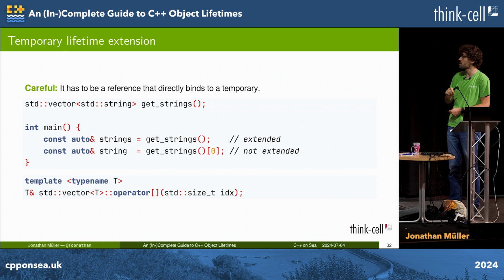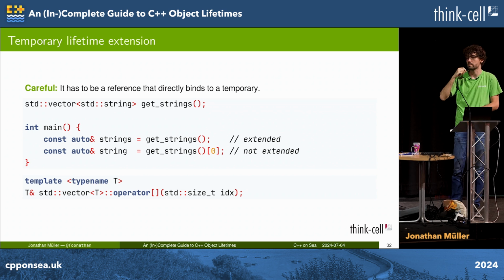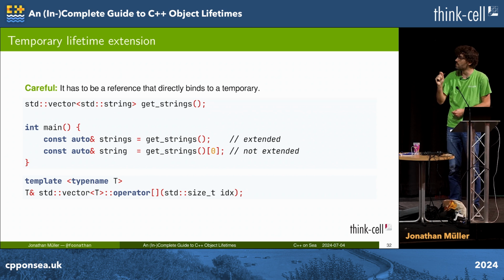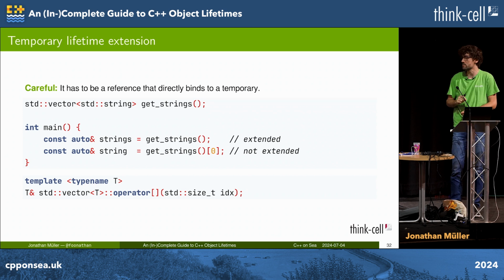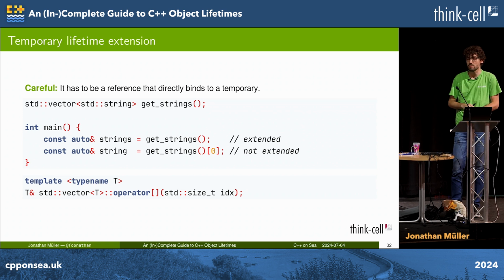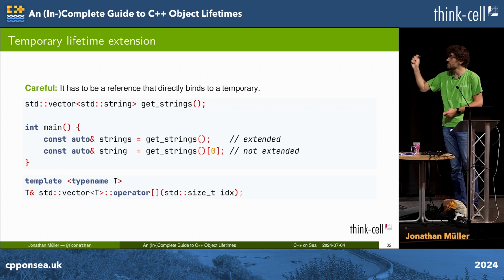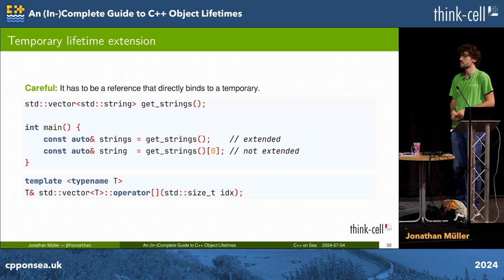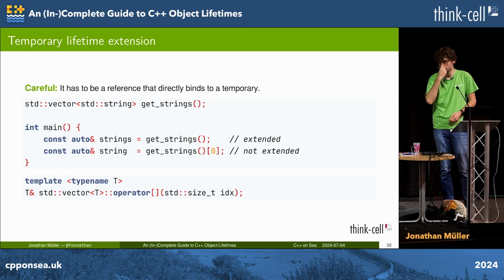So we don't trigger temporary lifetime extension, and we just immediately have a dangling reference as soon as we reach the end of the line. Right? Only if you directly bind a reference to a PR value do we get temporary lifetime extension, and not if you do it indirectly by returning a reference derived from the temporary object. So you have to be incredibly careful when writing code like this, and essentially you shouldn't rely on temporary lifetime extension in this case.